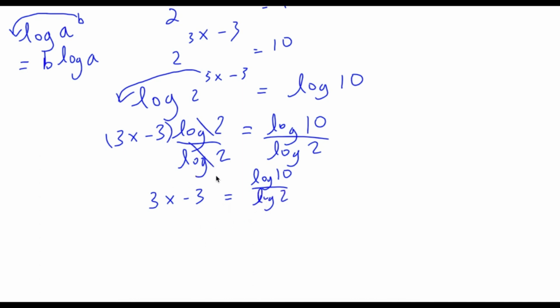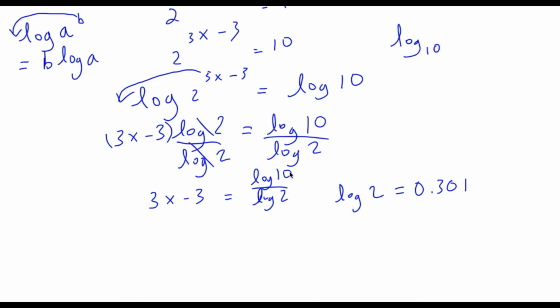Now, the value of log 2 is equal to 0.301. And log 10 is the same thing as 1, because any logarithm always has a base of 10.